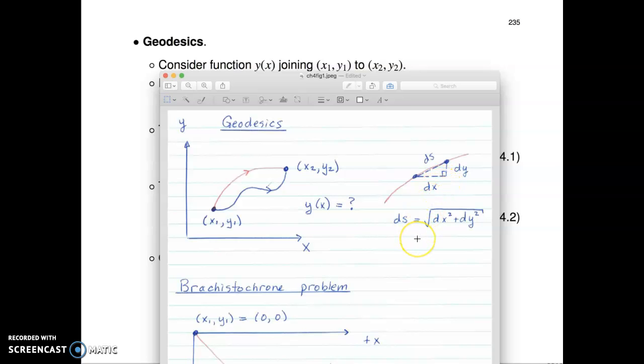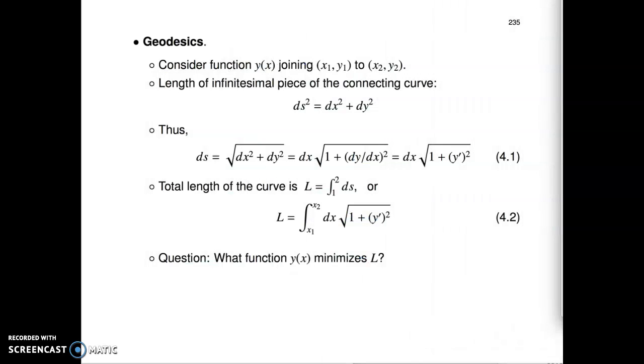Obviously from the Pythagorean theorem, ds is equal to the square root of dx squared plus dy squared. So that's this statement here: ds squared equals dx squared plus dy squared, or ds is the square root of dx squared plus dy squared.